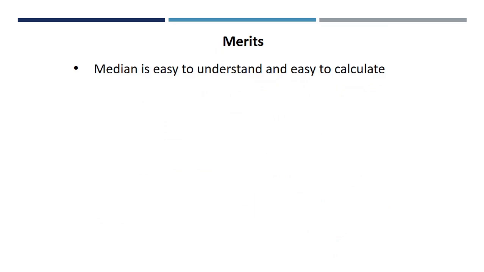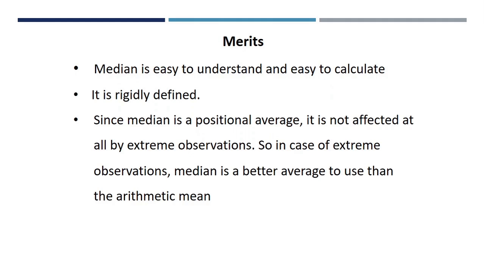Now we can see the importance and the merits and demerits of median. It is easy to understand and easy to calculate, and it is precisely defined. And since it is a positional average, it does not affect extreme observations, but mean is always affected by the extreme observations.